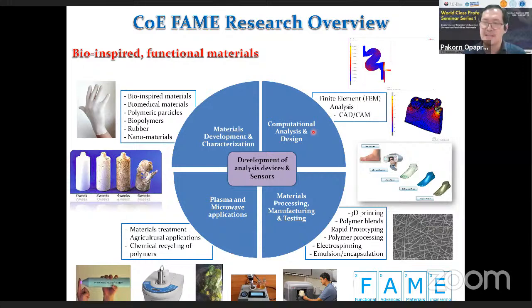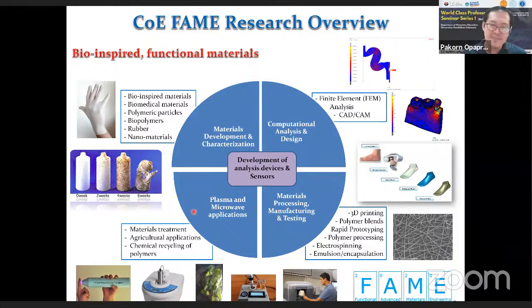materials that we synthesize. After that, we also develop processing or manufacturing processes for fabricating the polymer or materials that we develop into products. And we try to get the final product into commercialization.